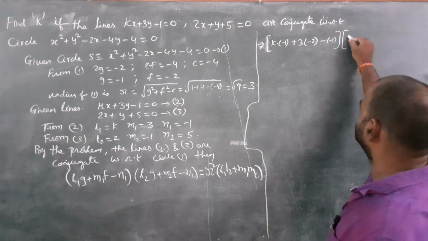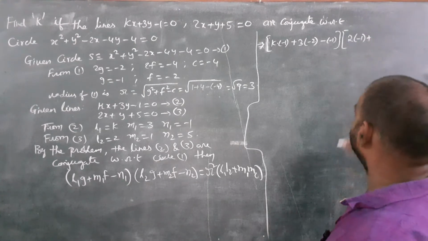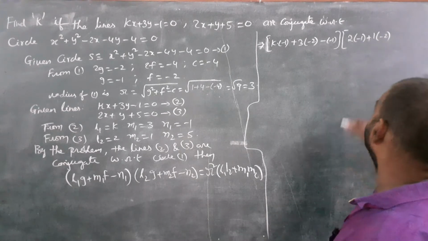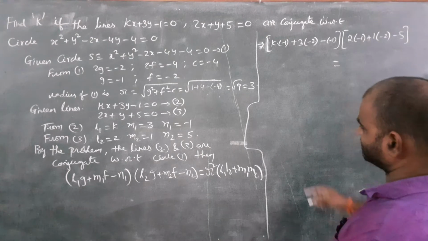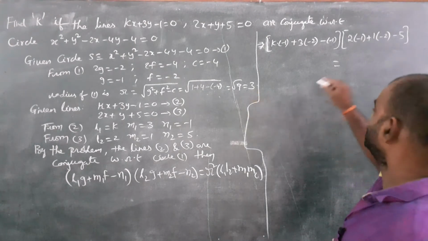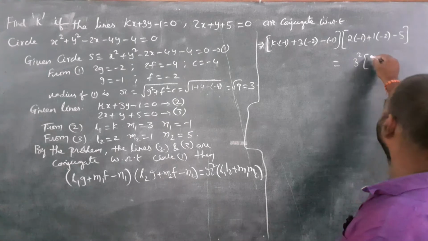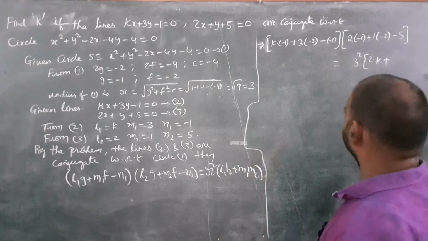L2 means 2 into g, minus 1, plus M2. M2 is 1 into f, minus 2, minus N2 means minus 5, is equal to r square. r is 3, so r square means 3 square, into L1 L2, 2 into k, plus M1 M2, 3 into 1.